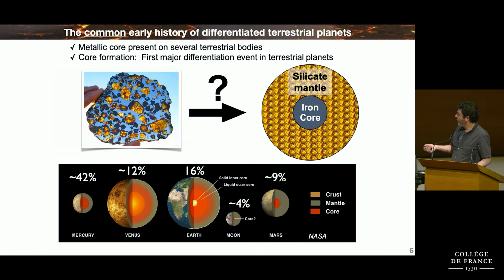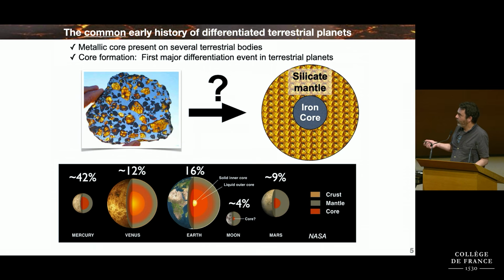I remember this morning, Alessandro showed this image to show that there was a great diversity in planetary bodies, but I'm going to use this image to show that there are a lot of similarities between the terrestrial bodies, in the sense that they are all differentiated bodies. You see they are all composed of a silicate envelope surrounding a metallic core.